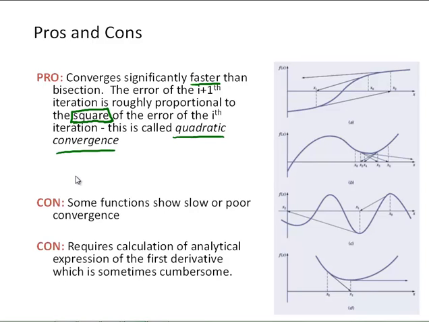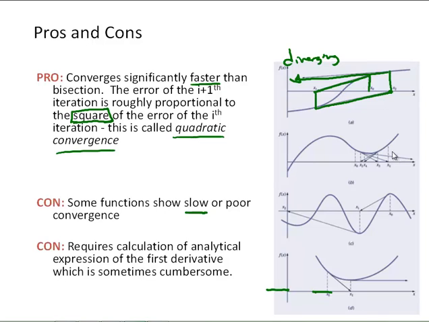One con of Newton-Raphson is that some functions show slow or poor convergence, and I've got some examples of that over here on the side. Here's an example where it diverges with this function going from an x0 here, and x1 actually gets farther away from the root, and then x2 gets even farther, and eventually we're diverging.